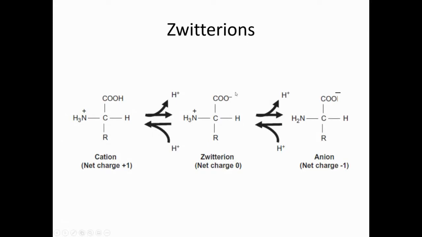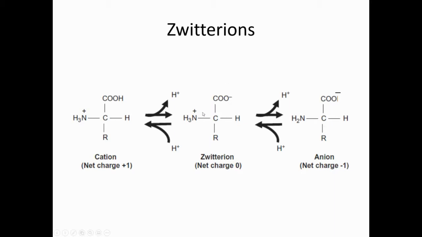And the zwitterion, so basically amino acids are ampholytes because they contain both acidic and basic groups. In the free amino acid, they normally exist as a neutral zwitterion, which means they contain both positive charge and negative charge, right? The positive charge amino group and negative charge carboxylic group, at the neutral pH.